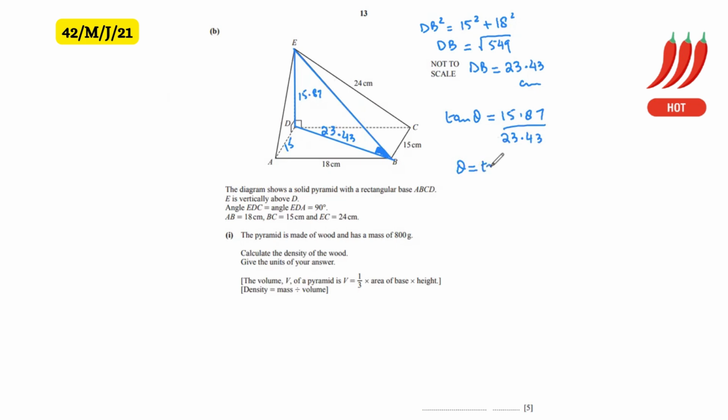So theta is tan inverse of this fraction. That's going to give us 34.1 degrees. That's your angle between EB and the base of the pyramid.